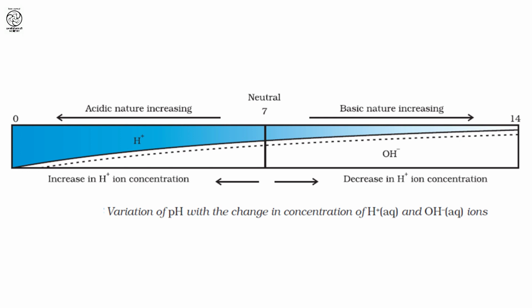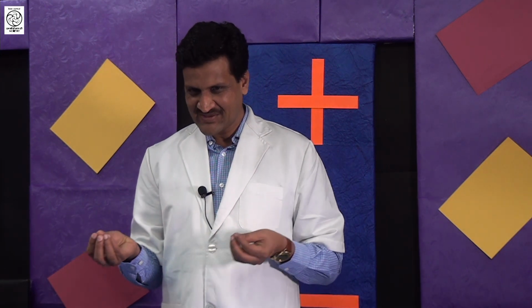So if pH is decreasing, the solution is becoming more acidic, and if pH is increasing, the solution is becoming more basic. Now, because we can't see H positive ions or OH negative ions, how can we determine that this solution will be more acidic and this one less acidic, this one more basic and this one less basic?